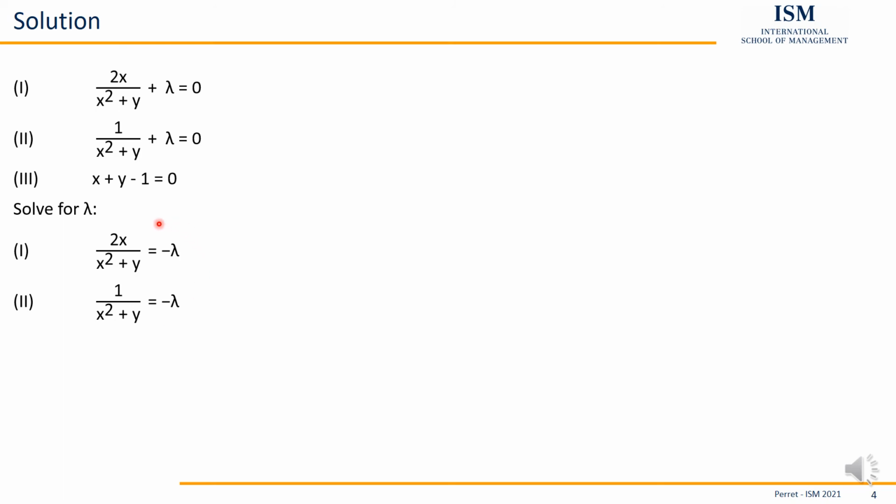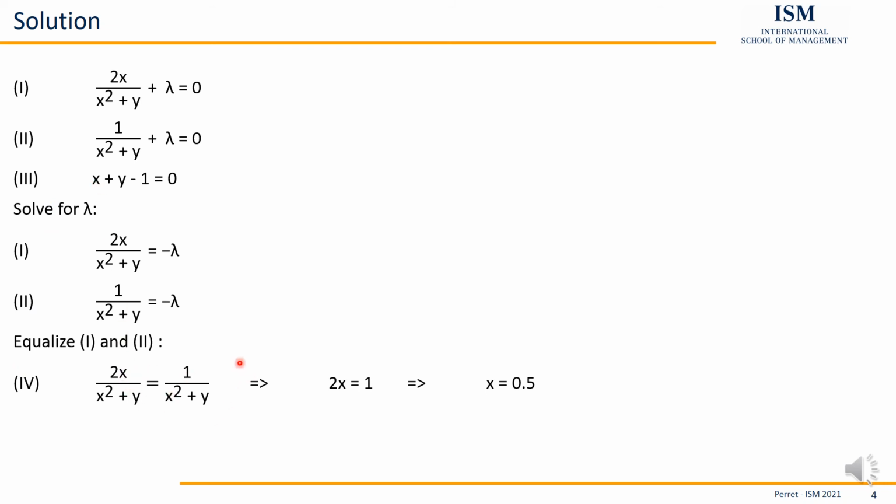The right side is only allowed to be something with lambda as the only variable, and it always has to be the same for both of them, because then we can equalize those two equations, giving us one new equation with only two variables. In this case, either we can solve this already for one of the variables, or we can simply solve the third one for one of the variables and insert this here.